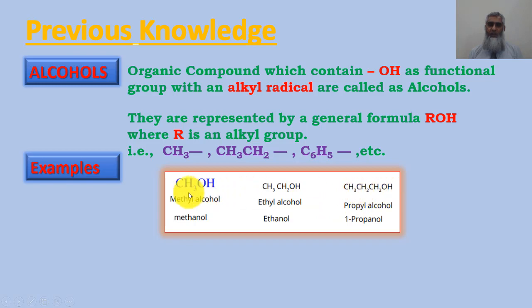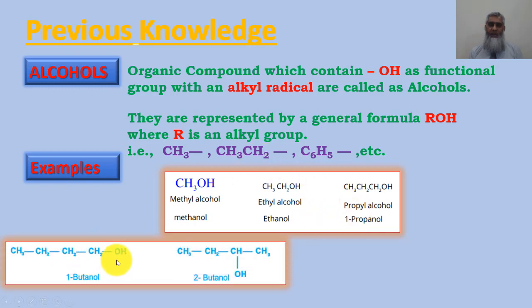So this is alcohol containing one carbon atom known as methanol, alcohol with two carbon atoms known as ethanol, alcohol with three carbon atoms known as propanol. Starting from propanol, there will be some isomers called 1-propanol or 2-propanol. We have already discussed the isomerism of alcohols in lecture number 11.1 of nomenclature of alcohols.